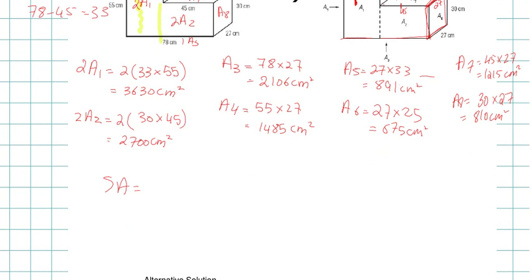So to find the surface area, I'm going to add all of them together. And I got 13,512 centimeter square.